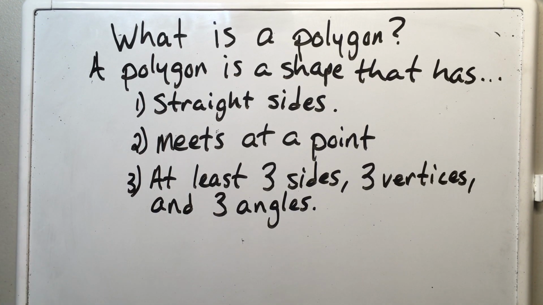Okay, so what does Mr. M mean when he says this stuff here? At least three sides, three vertices, and three angles. Okay. Well, let's take a look. We'll come back to that in a second.